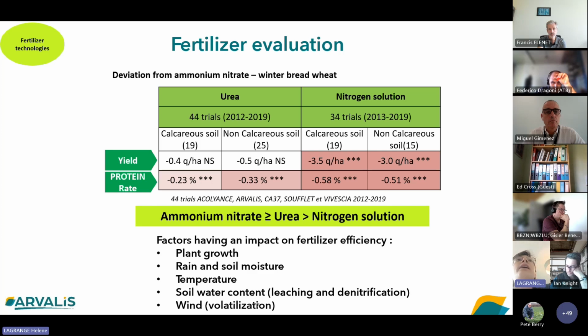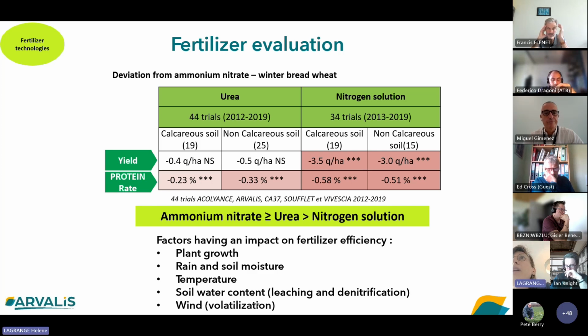And then the right sources. I show you some results of the trials we made in France to compare fertilizer types, synthetic fertilizers. So in this table, you have results of yield and protein rate on wheat trials. And we compared urea and nitrogen solution with ammonium nitrate.